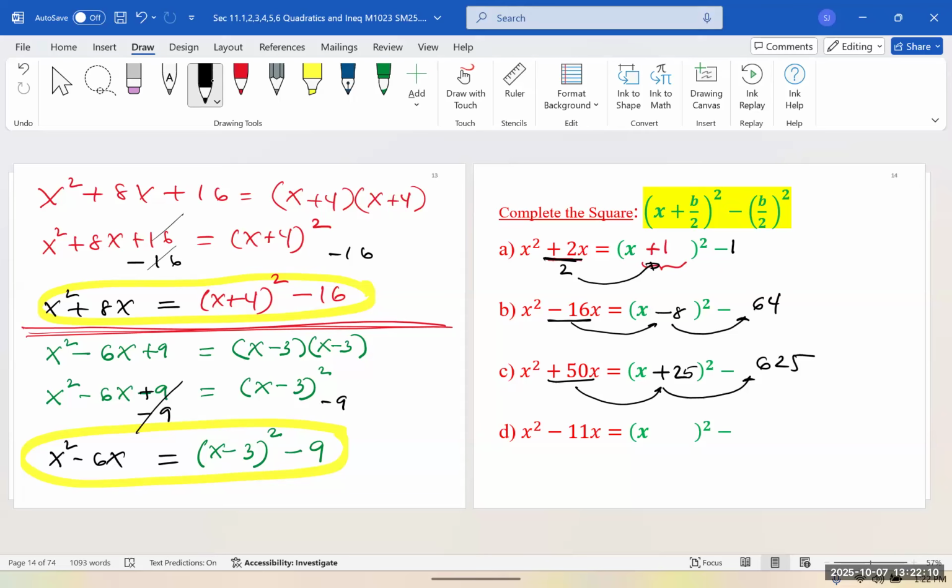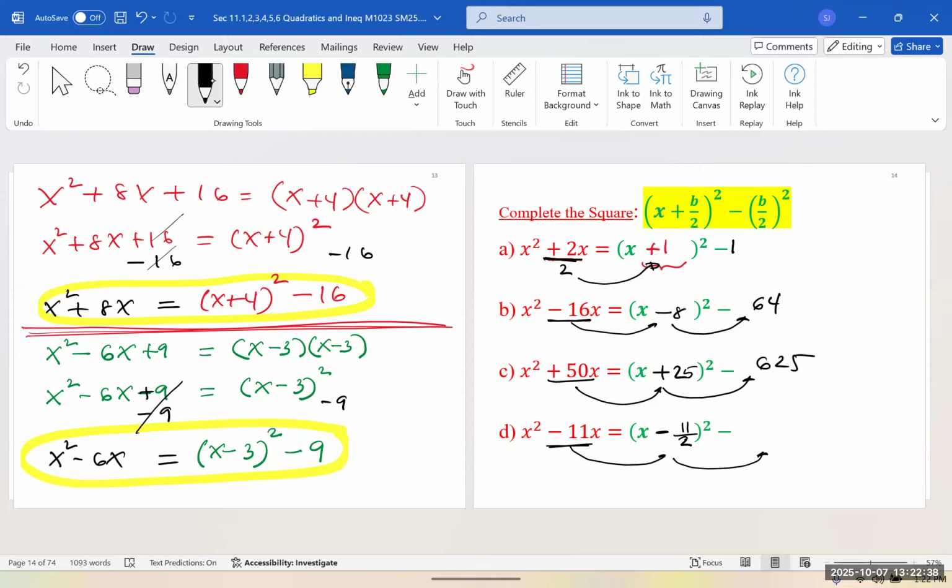And the last one. It's not even, but it doesn't matter. The rules are the same. What goes inside? Negative 11 over 2, right? We're dividing 11 by 2. It's a decimal, so we don't have to worry about the decimal. We keep our fraction. It's half of negative 11. And what goes outside? That's squared.